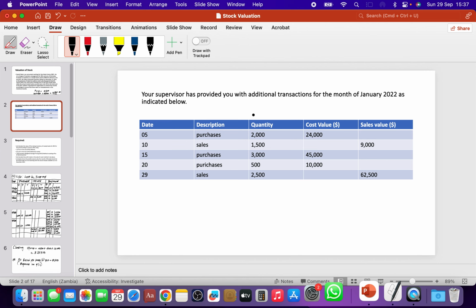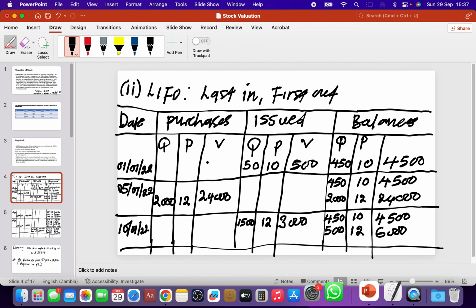We are told that the supervisor provided Daniel with additional information in January 2022, which showed that on the 5th of January, the organization purchased 2,000 items valued at $24,000. Now, remember, we're using LIFO.